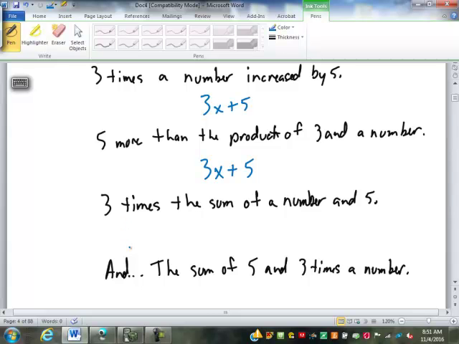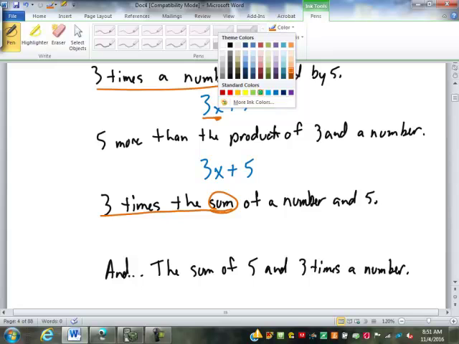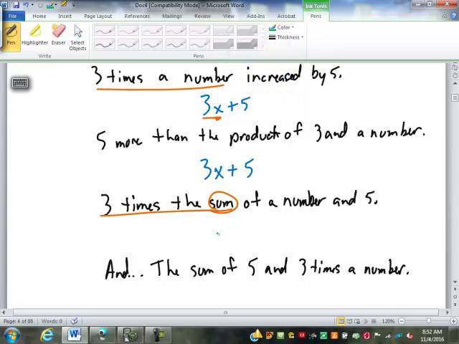Now this one, 3 times the sum of a number and 5. Very subtle difference here. But you'll notice up here it is 3 times a number. Down here it is 3 times the sum. 3 times a number means you're multiplying that missing number by 3. Here, though, we're multiplying the sum by 3, which means we must do the addition first. The sum is the result of an addition problem.